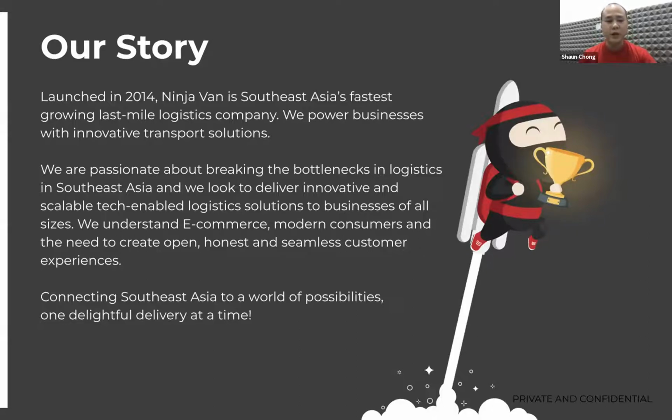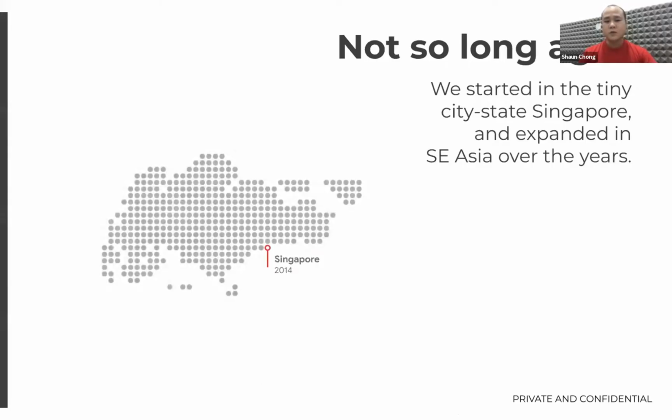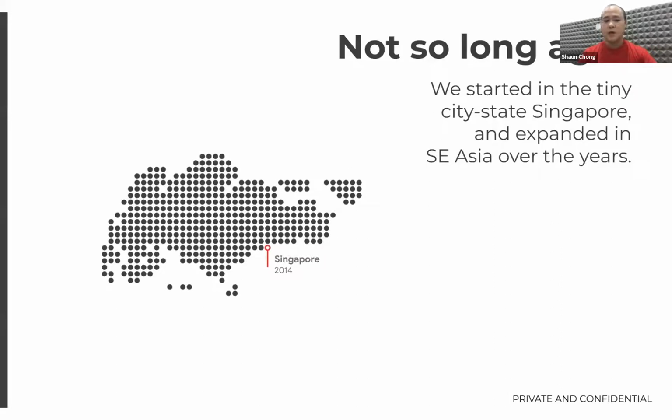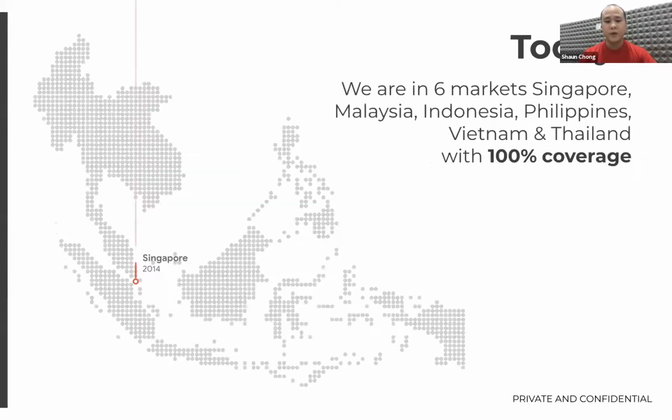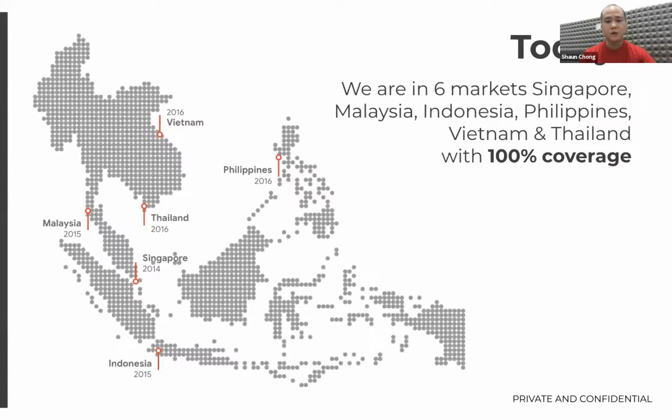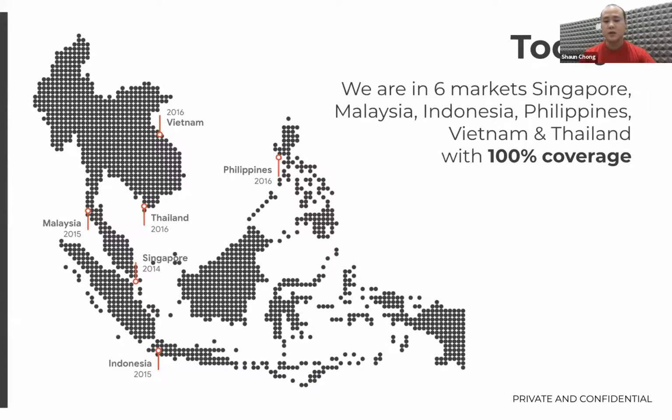We rely on huge amounts of technology to keep us running and optimize everything, all the way from the customer experience to the operations and the after sales. After about 10, 11 months operating in Singapore, we went into Malaysia, and right now we have 6 countries and over 3,000 employees. It's been very, very quick growth for us.